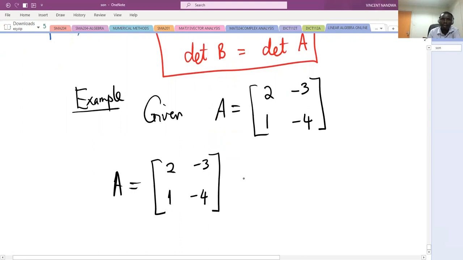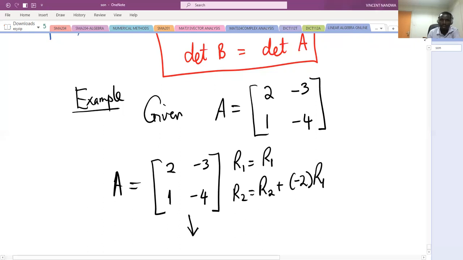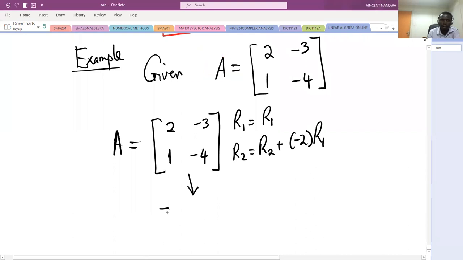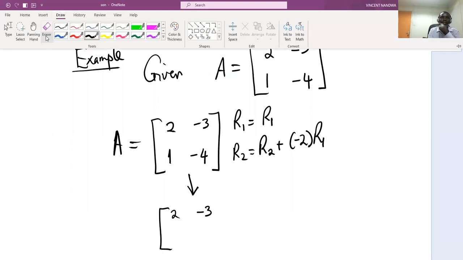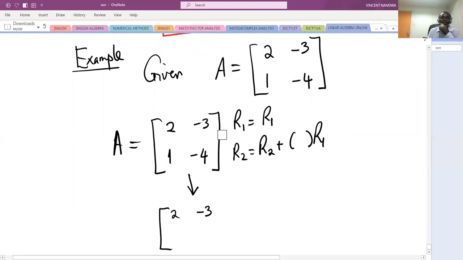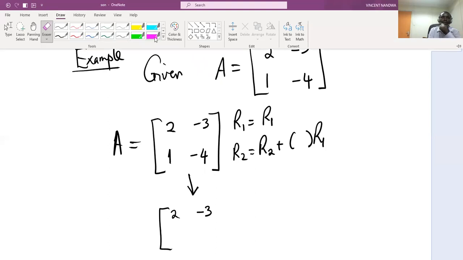And then I say, let row 1 be row 1, and row 2 be row 2 plus negative a half of row 1, so that I get 0 in the first position of the lower row.